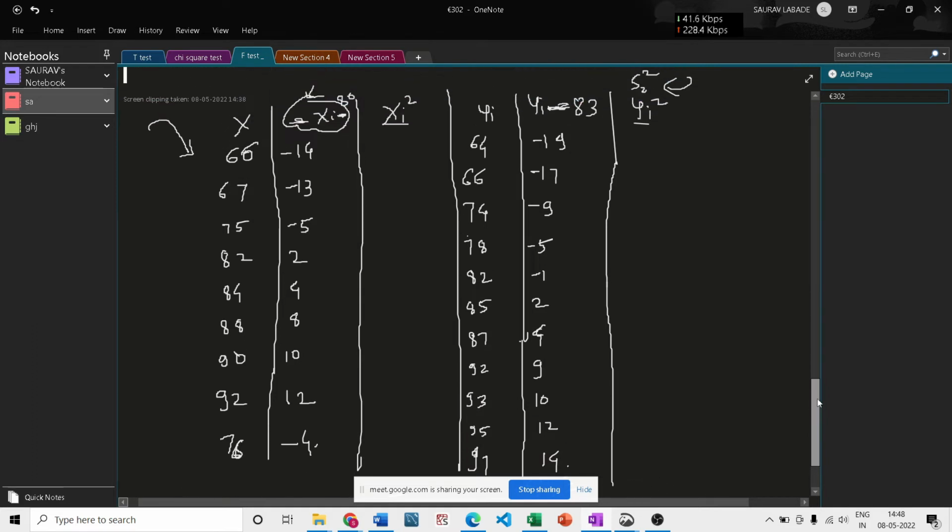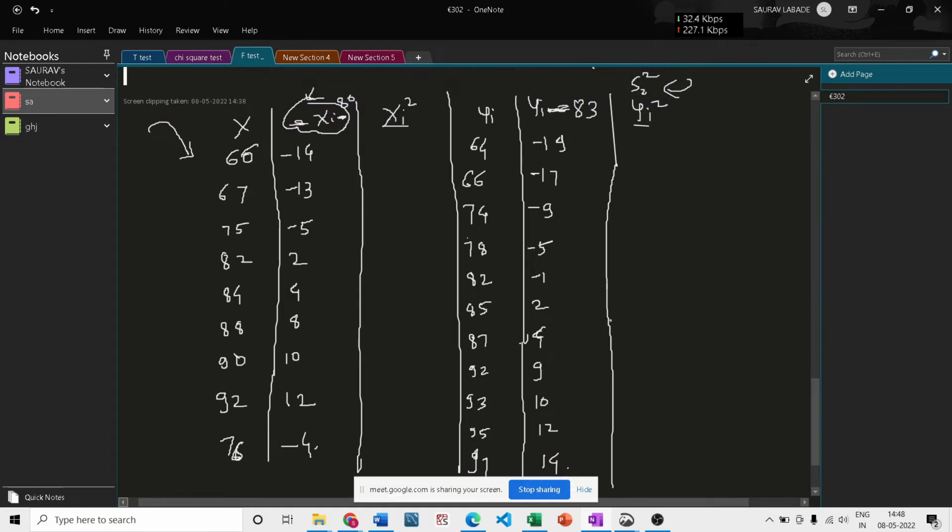And find the square of these numbers now. What is the first square? 196. Second, 169, right? Then 25, 4, 16, 64, 100, 144.